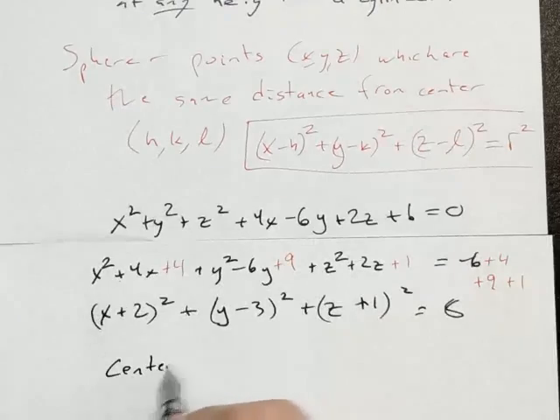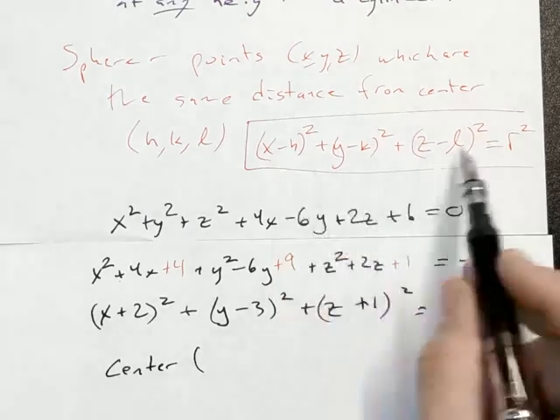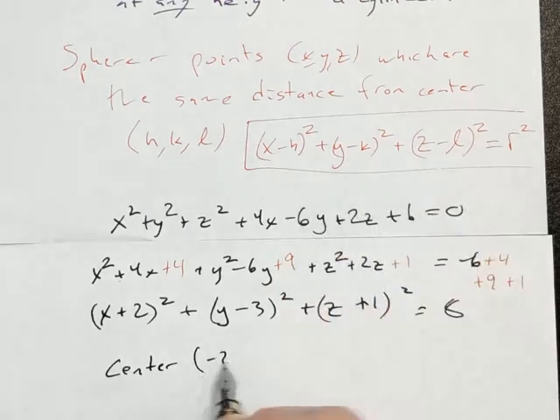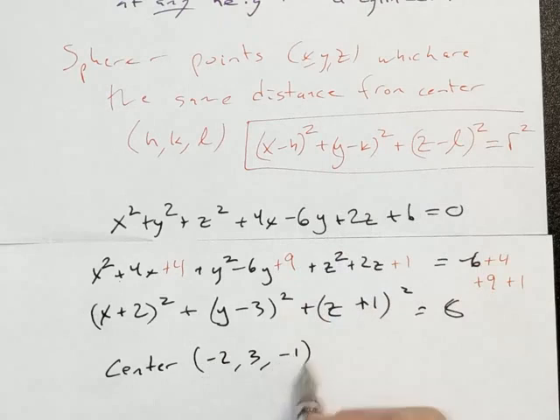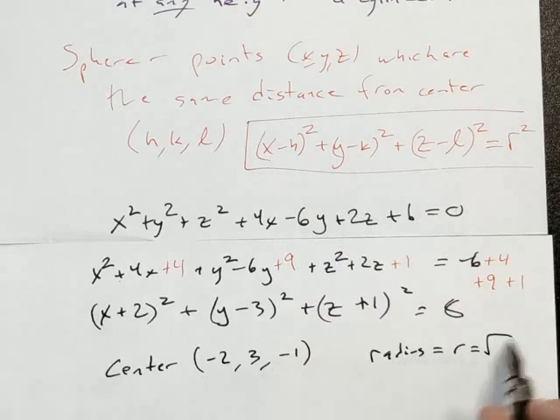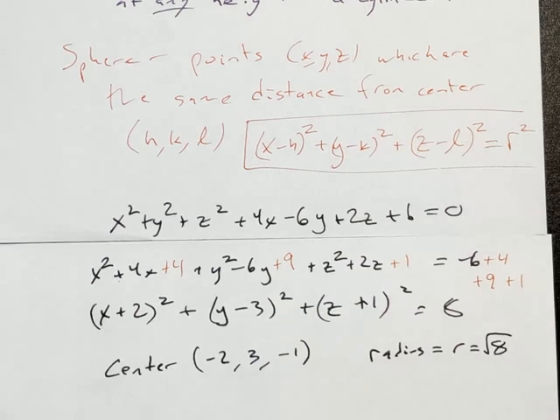So I have a center. Remember, these are all minus signs in my formula, so my center switches signs, and my radius is the square root of the other side. This is a circle. Yay. Sorry, a sphere.